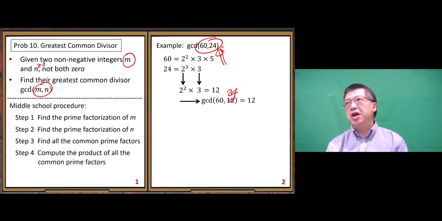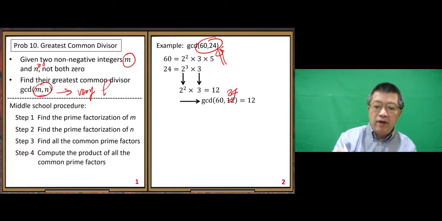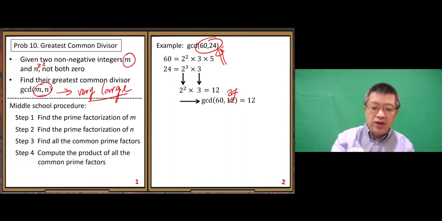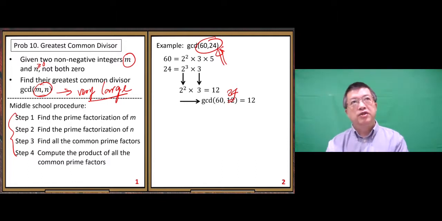That means the general case here means these two numbers could be very large. Think about that. If these two numbers are very large, is this method still working well or not?